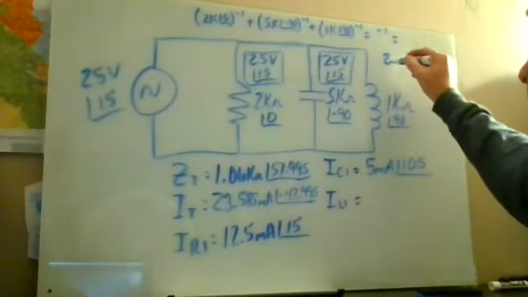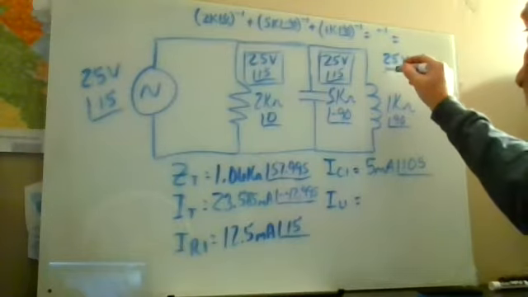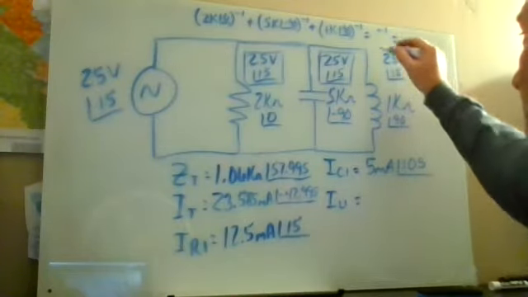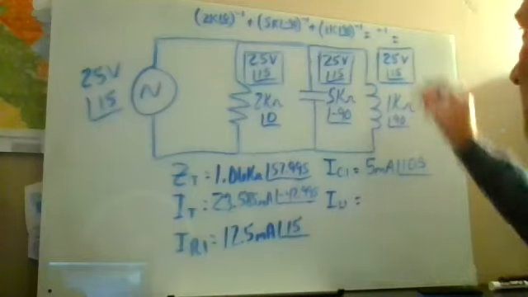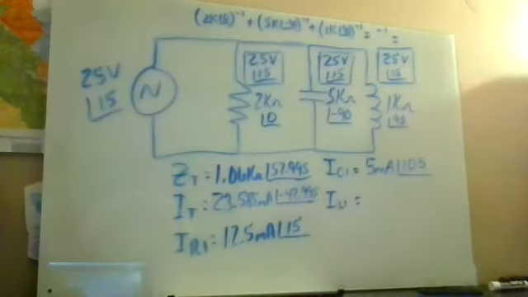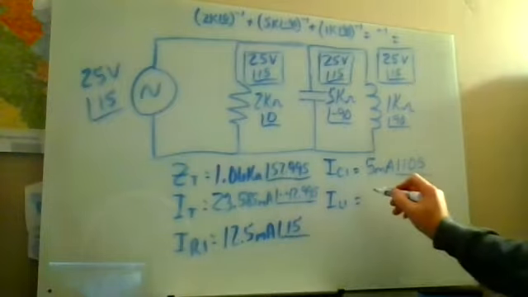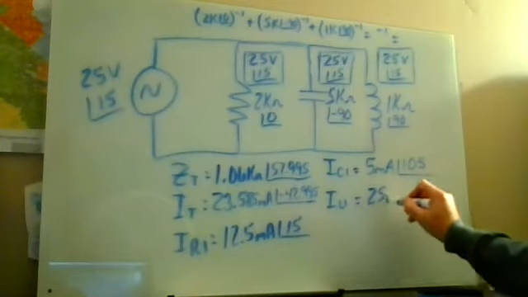And then this one we know is still going to be 25 volts at an angle of 15. And then I'm just going to take that divided by 1 k ohm at an angle of 90. And I get, anybody? 0.025. So 25 milliamps.